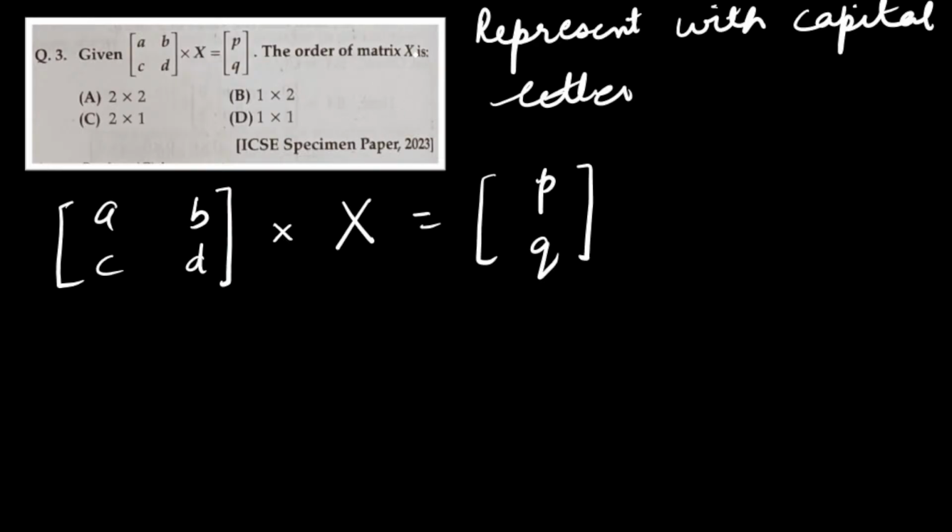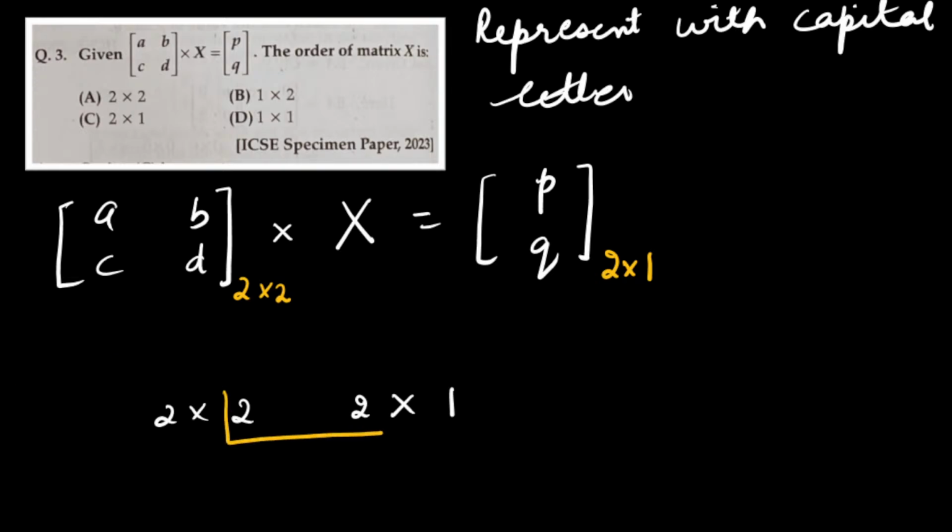Now they are asking what is the order of matrix X. So now we know the order of this matrix is 2 by 2, and the order of this matrix is 2 rows, 1 column, so 2 by 1. I'll tell you one thing. Whenever we are multiplying any two matrices, suppose I am multiplying a matrix whose order is 2 by 2 with some matrix whose order is 2 by 1.